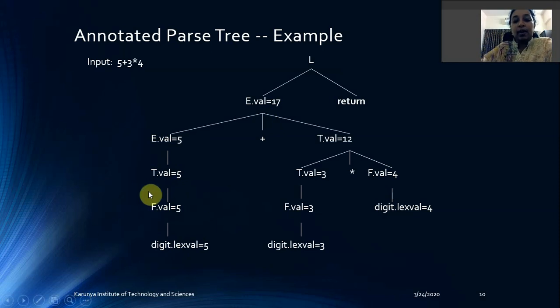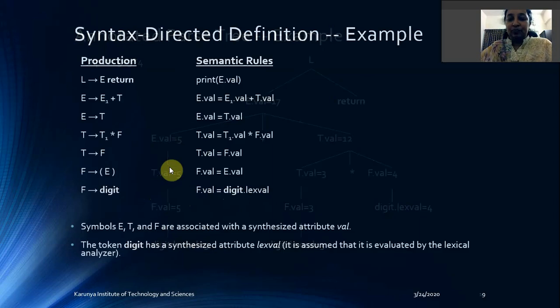And when I add the attributes of the grammar symbols onto the parse tree, we call it an annotated parse tree or decorated parse tree. The process of adding the attributes to the parse tree is called decorating or annotating. So that is what you talk about.